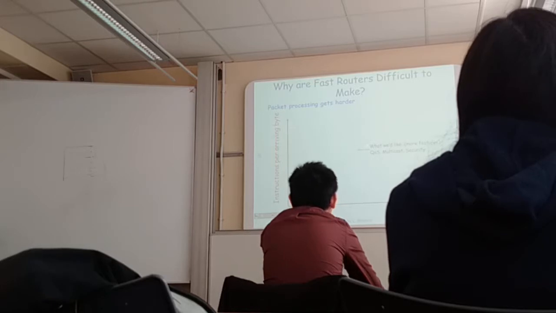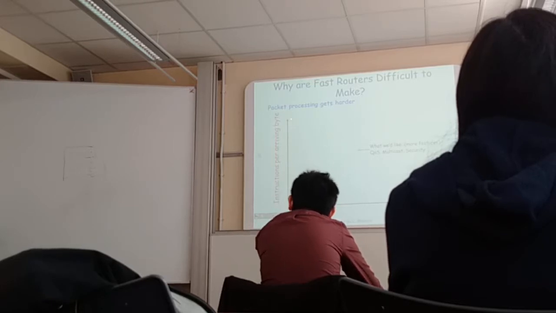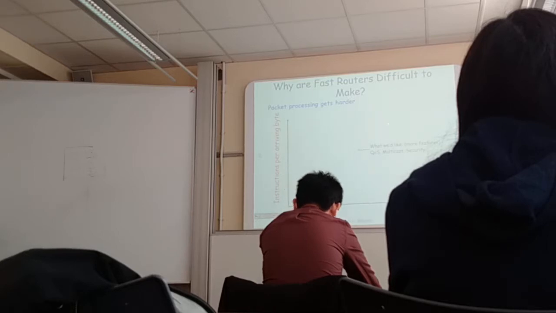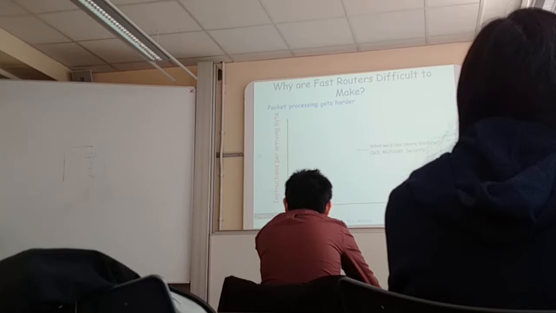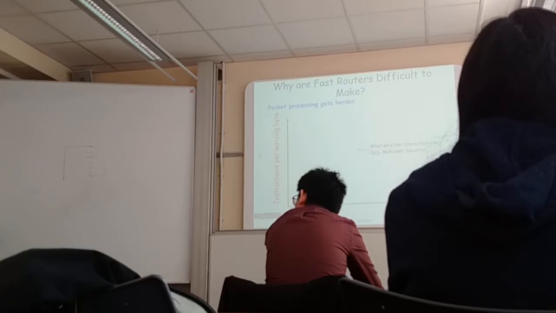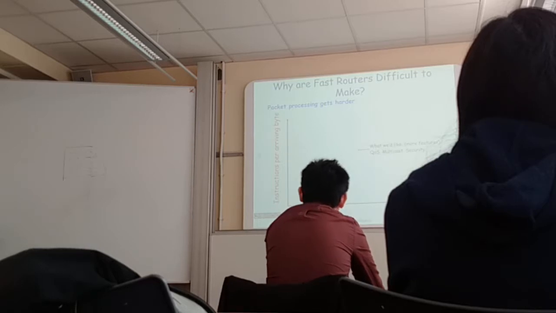Now, faster routers are always needed. So the problem is with packet processing. Okay. What users usually would like is to have more features. Over time, because you need more features, the instructions per arriving byte per packet become more and more, because you will need more processing for every packet. For example, security, deep packet inspection, and all of that.